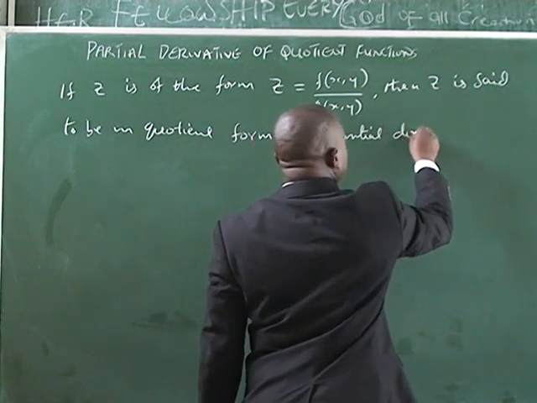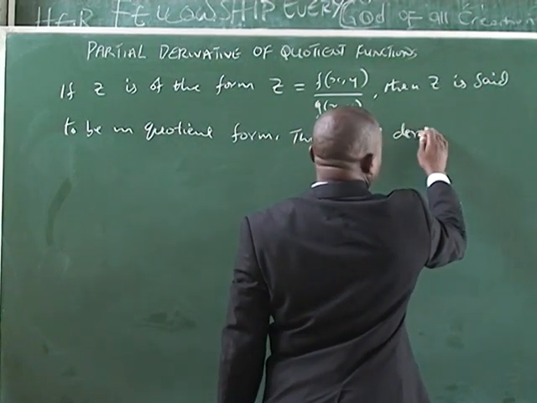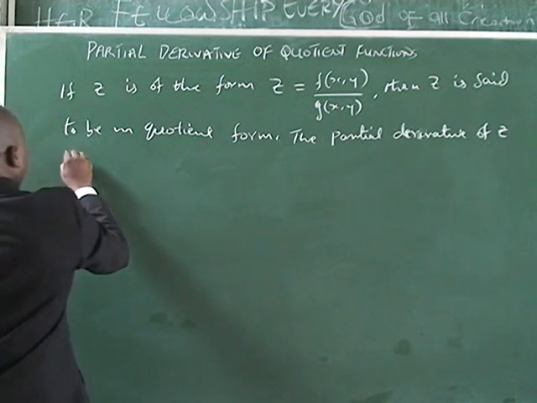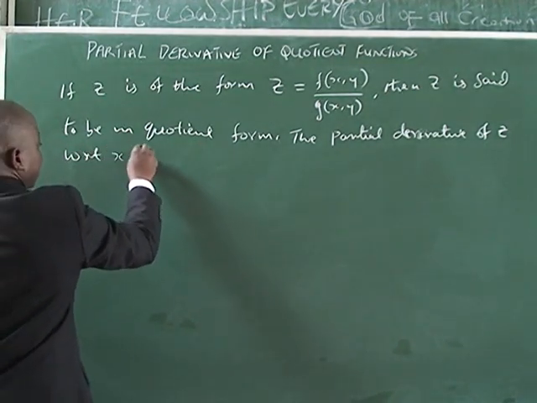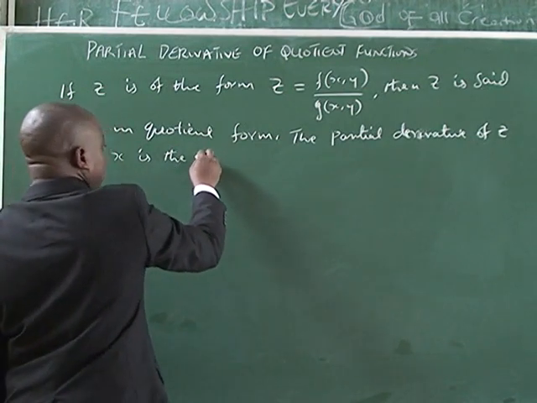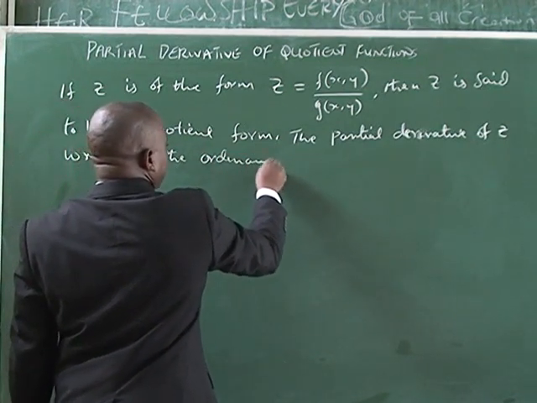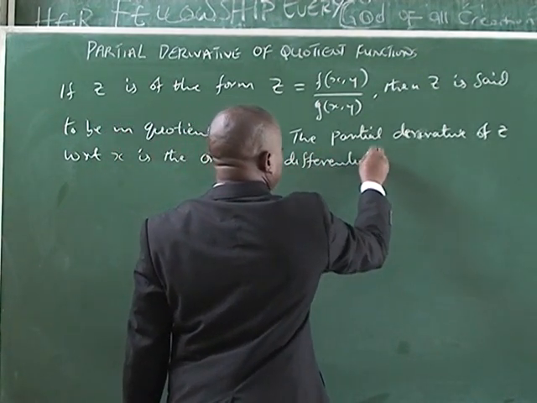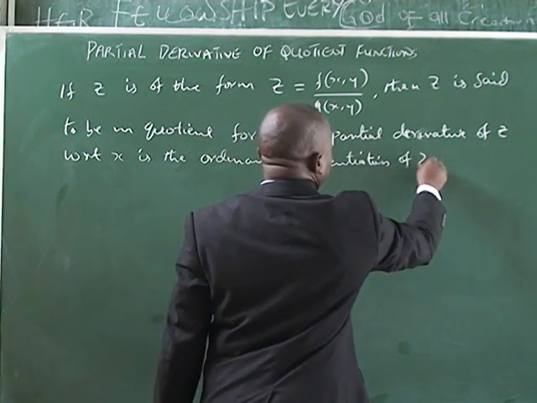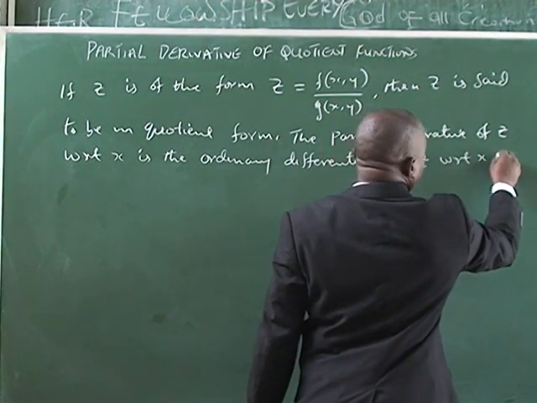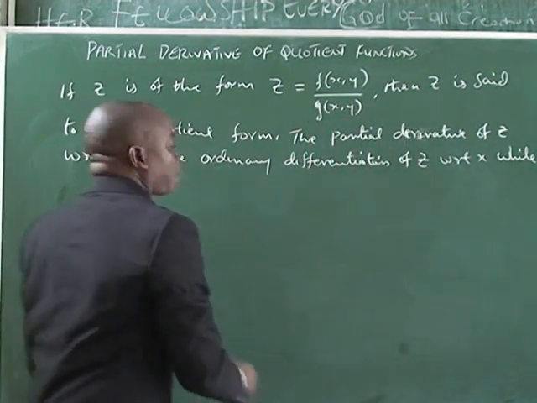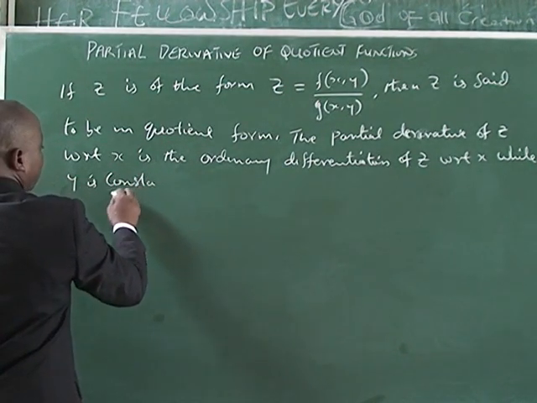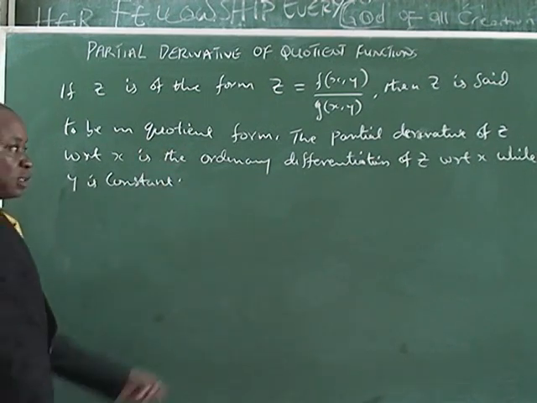The partial derivative of z with respect to x is the ordinary differentiation of z with respect to x, while y is kept constant.